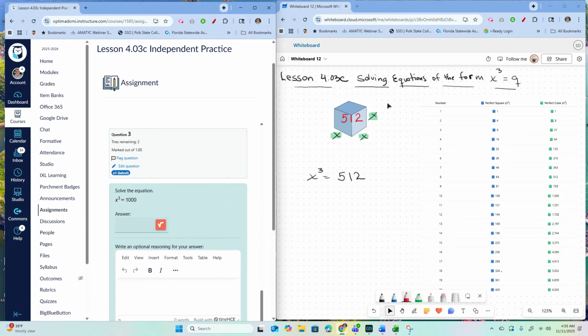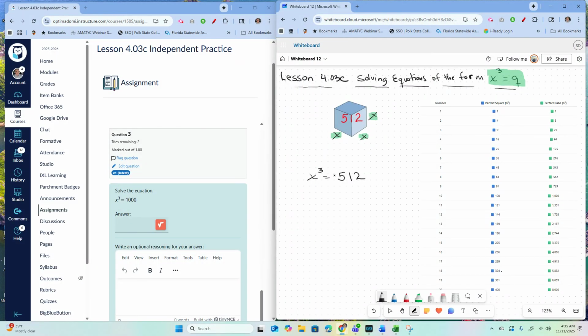And basically, we are working with equations that look like this: x to the third power equals q. For example, look at my example here. This is like problem number three, a similar one. X to the third power equals 512.